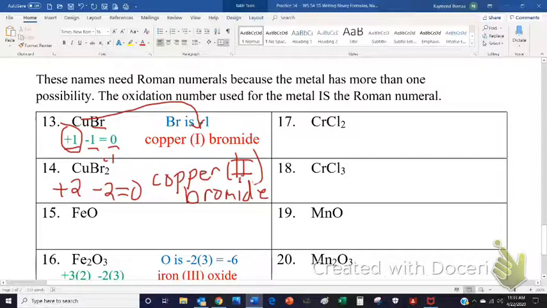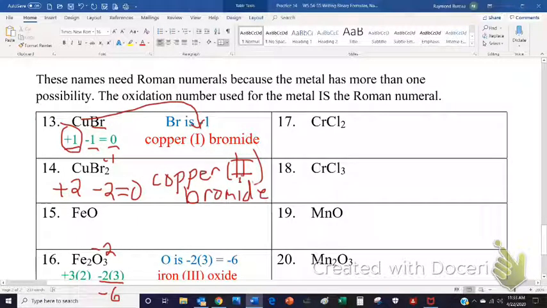Okay, look at number 16, which is already done. Once again, iron could be either a +2 or a +3. Well, oxygen's always going to be -2. And you see here, -2 times 3 is going to give us -6. It's a little down off the screen a little, but I can write it there.